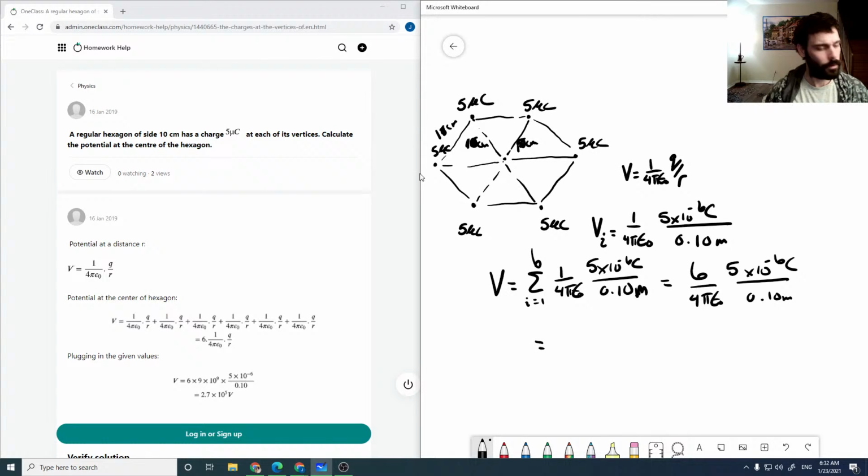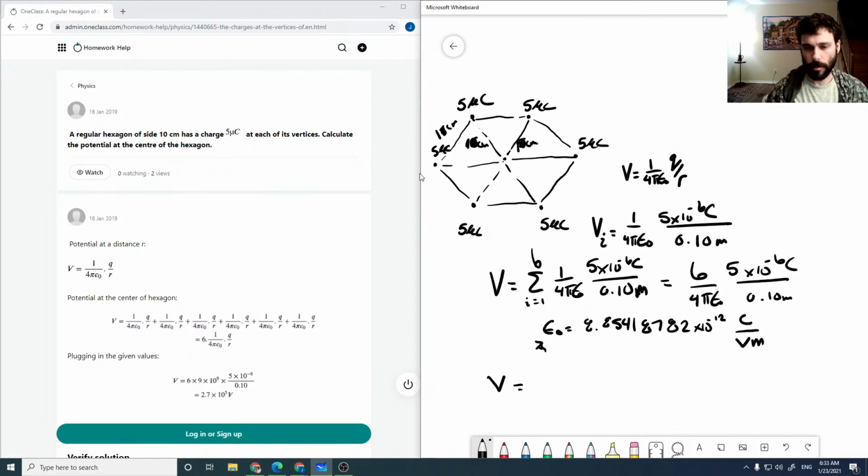And putting in some values, using epsilon naught as 8.85418782 times 10 to the minus 12, in coulombs per volt meter.